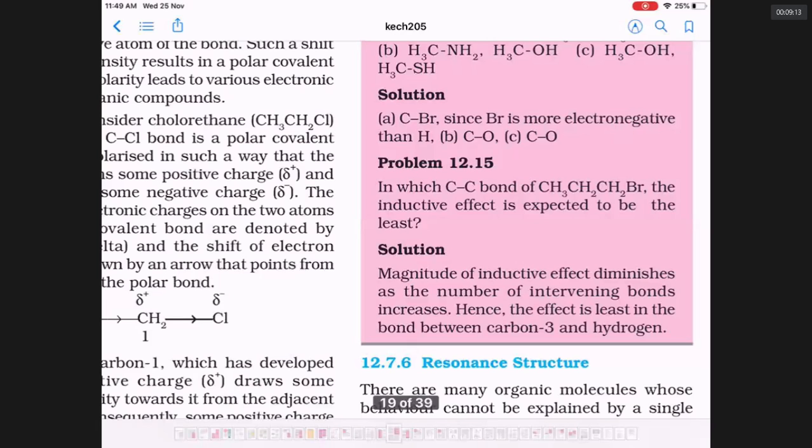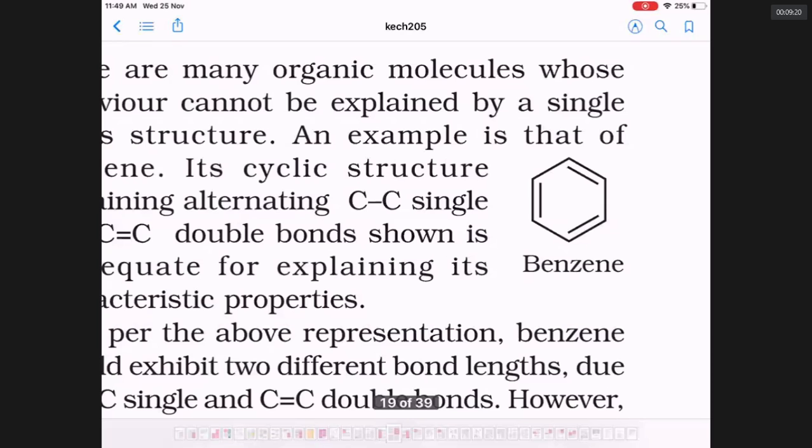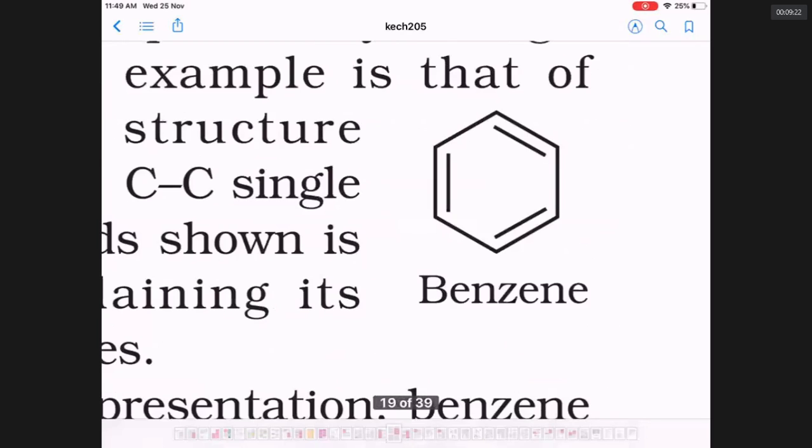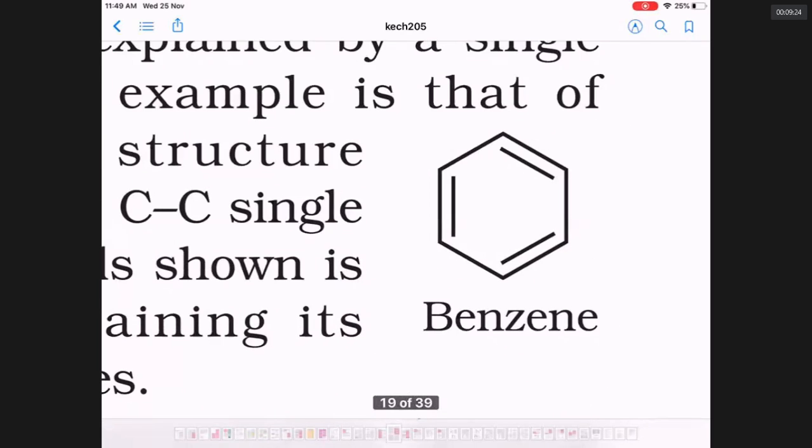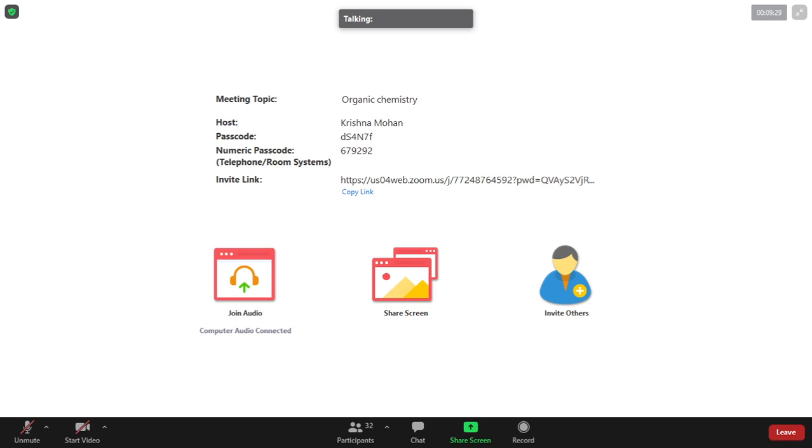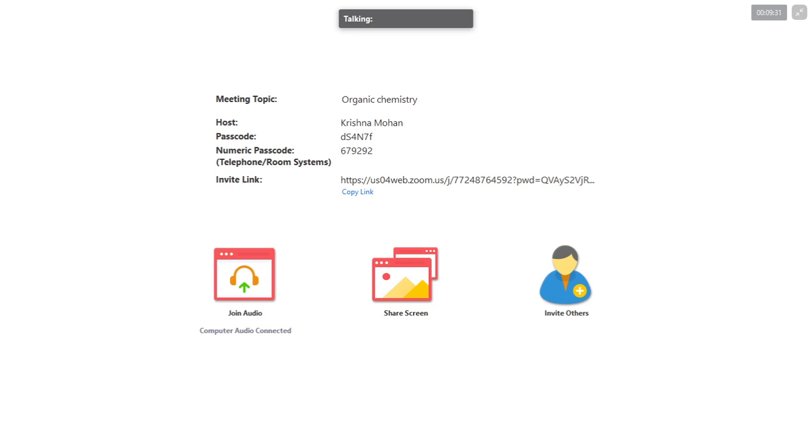Now, look at benzene. There is a compound called benzene whose formula is C6H6. Can you look at the structure of benzene?